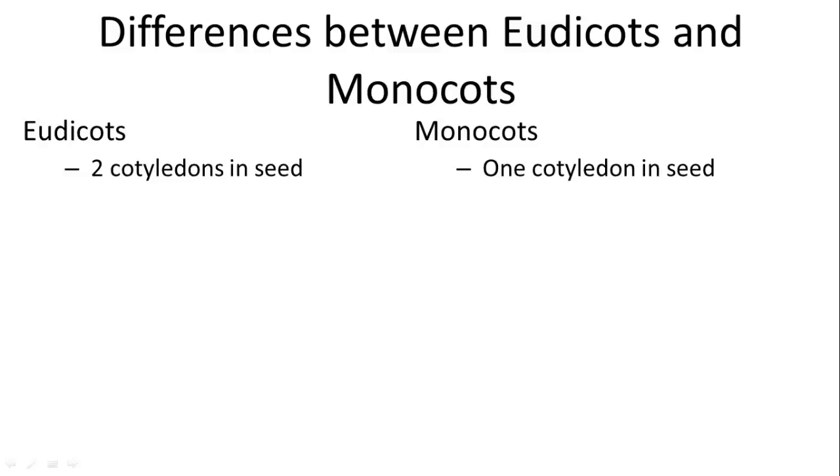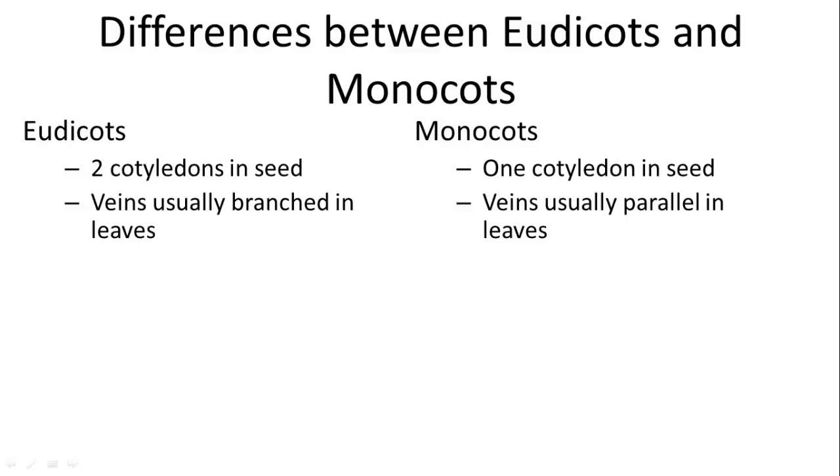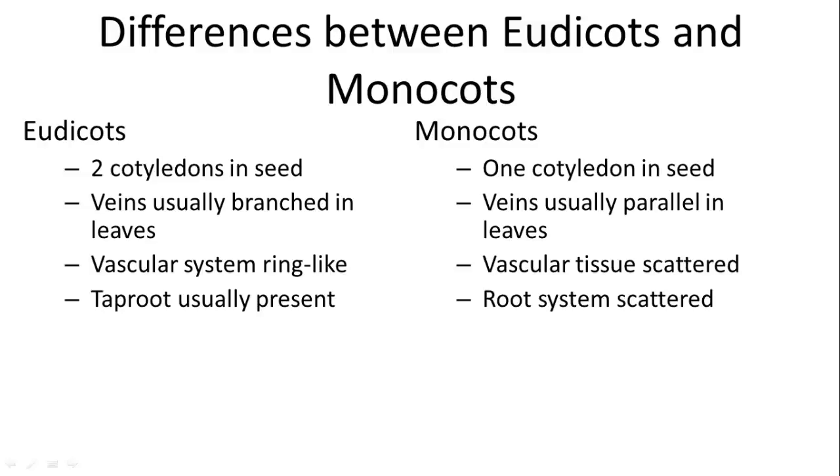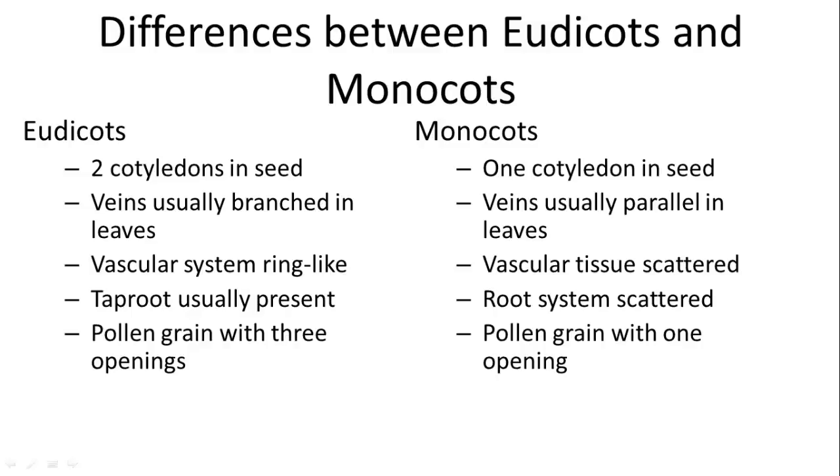Monocots have one cotyledon. The veins in the leaves are usually branched in eudicots and parallel in monocots. The vascular system is a ring in dicots and is scattered in monocots. We mentioned this before, dicots usually have a taproot. Monocots usually have adventitious roots.